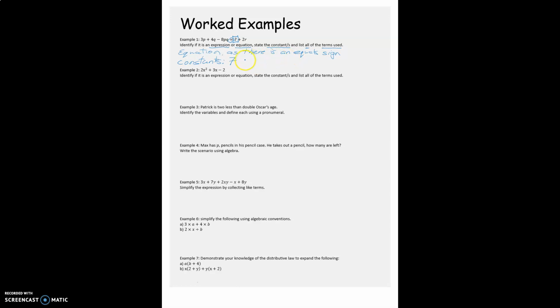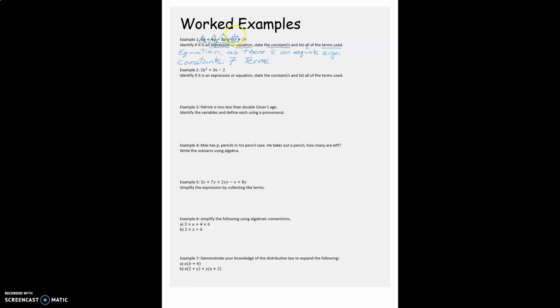And then finally looking for all the terms. As per our previous slides on this PowerPoint, our terms are pronumerals, have pronumerals and numbers, and all numbers. So looking at each of our terms, we have 3p, we have 4q, we have negative 8pq.